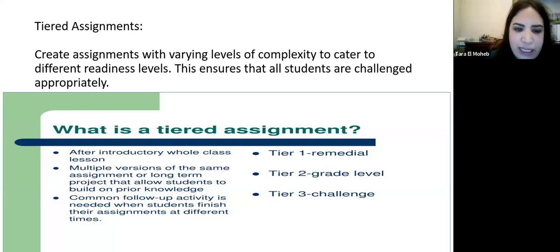Multiple versions of the same assignment or long-term project that allows students to build on prior knowledge. This is more difficult. And this is the most difficult. If the student can't do the third one, it's okay, let them do the second. If they cannot do the second one, let them do the first one. Differentiate your instructions.